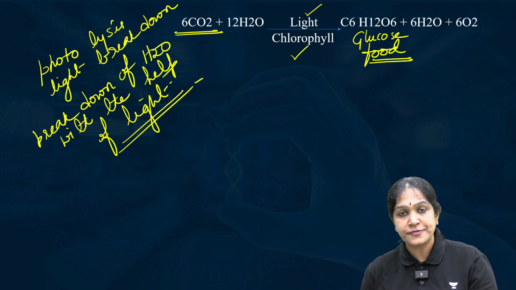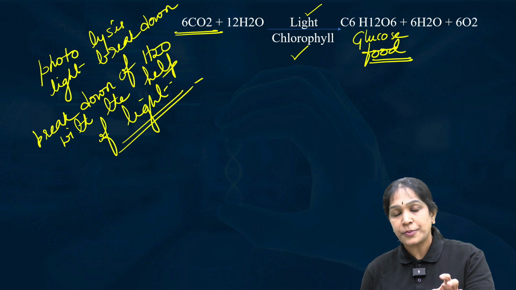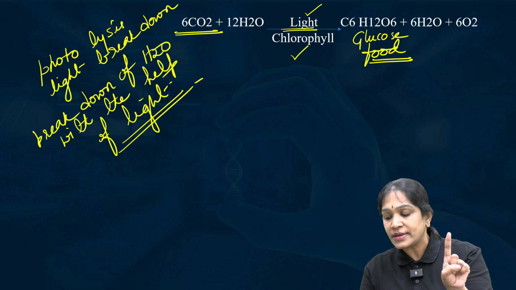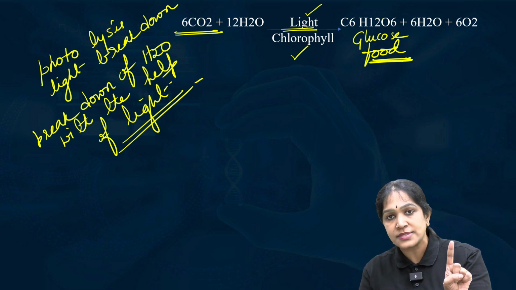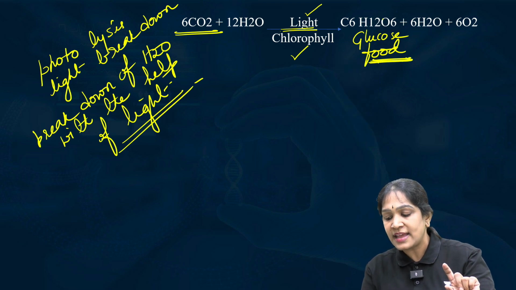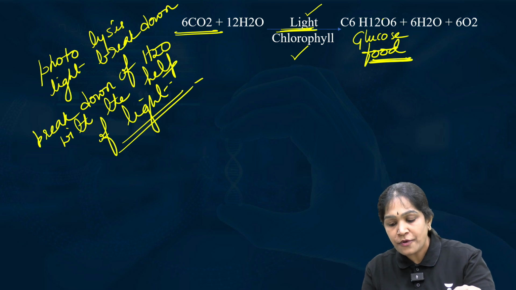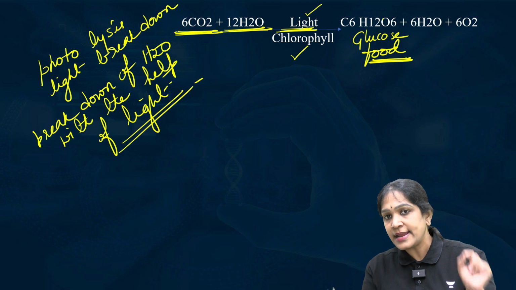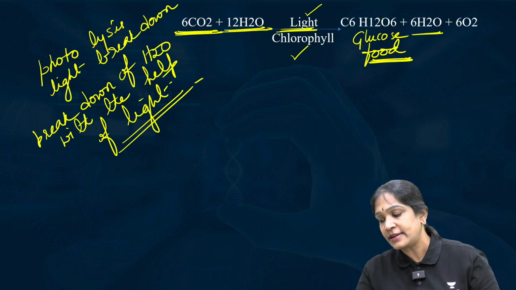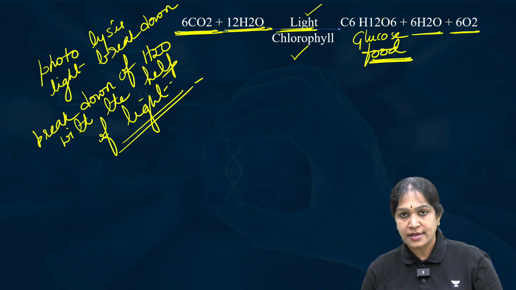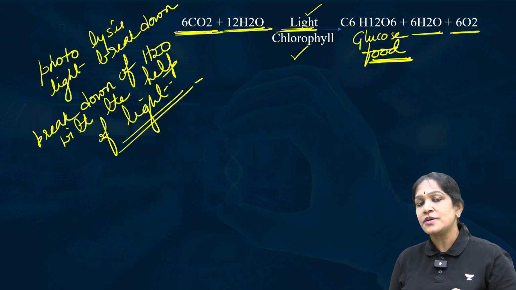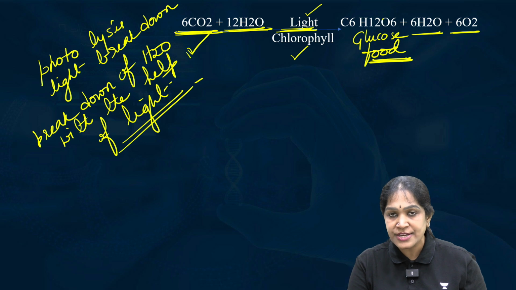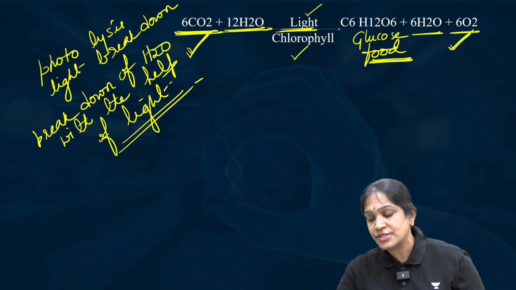We defined autotrophs as those organisms that produce their own food material with the help of light energy. What is their food material? Glucose. How did they prepare it? With the help of light energy, from the carbon dioxide and water. And then it also releases water and oxygen. Like this, in the process of photosynthesis, a plant will absorb the carbon dioxide and release the oxygen.